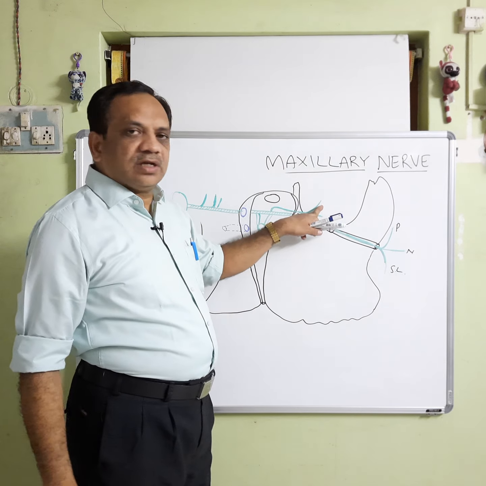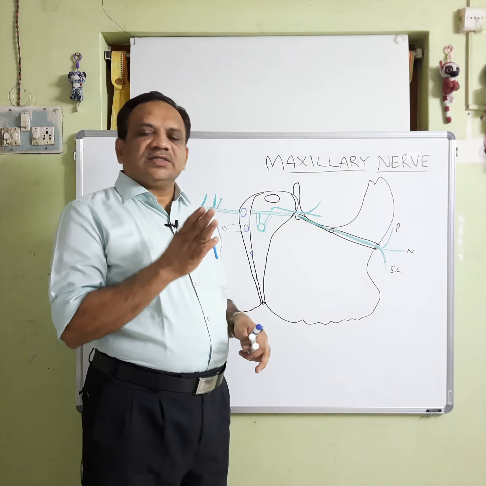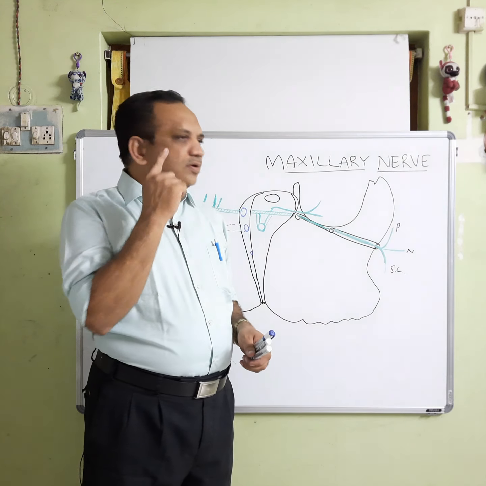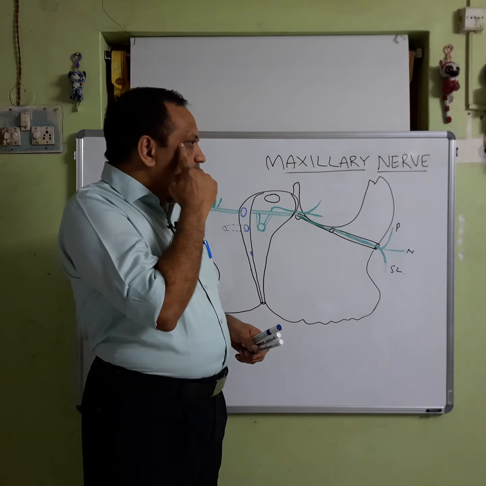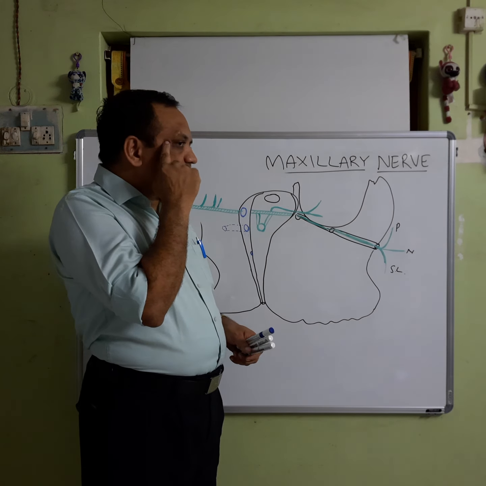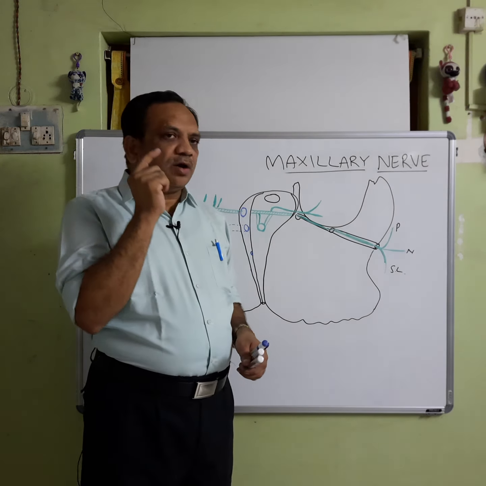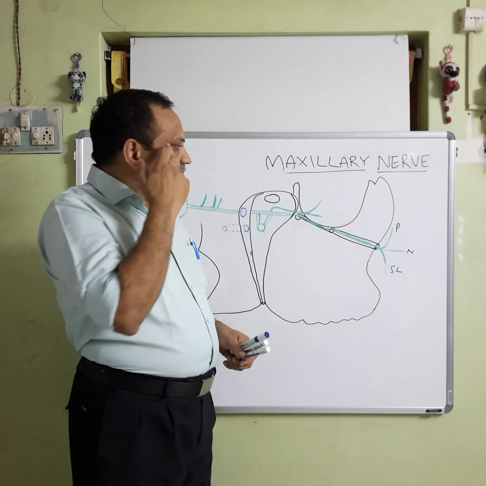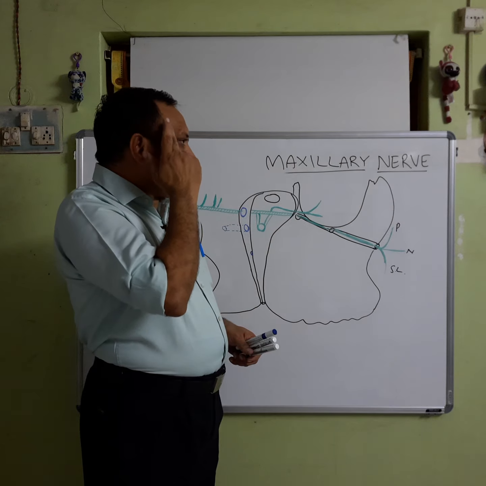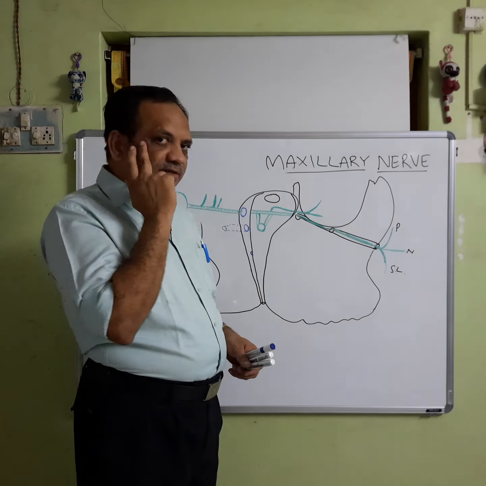This zygomatico-temporal nerve passes along the lateral wall of the orbit, then comes out behind the frontal process of the zygomatic bone. Another foramen is there, the zygomatico-temporal foramen. From there it comes out and supplies the skin of the temporal region.